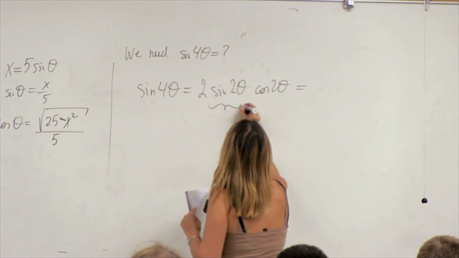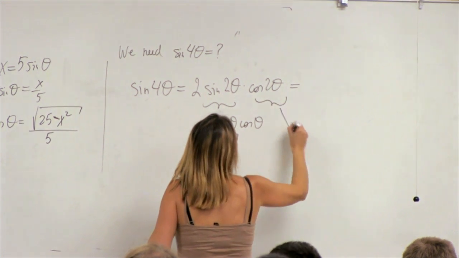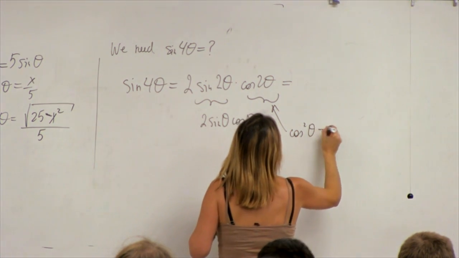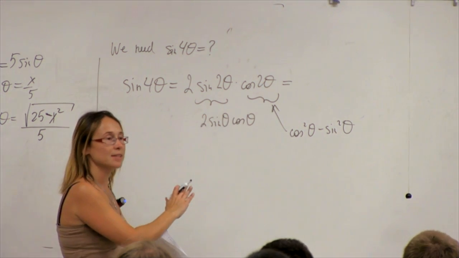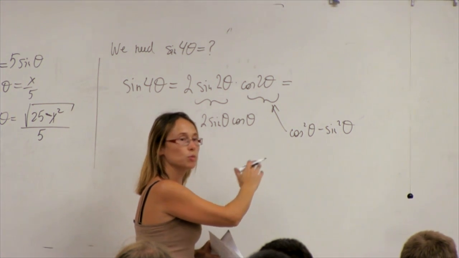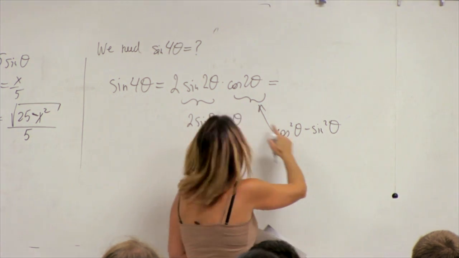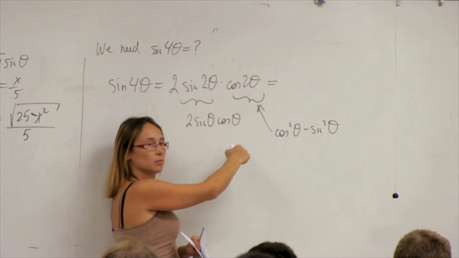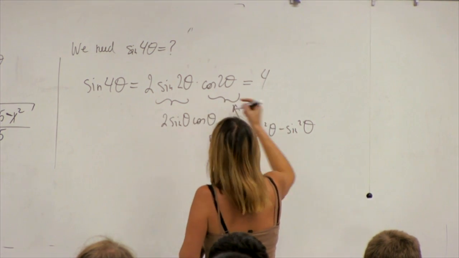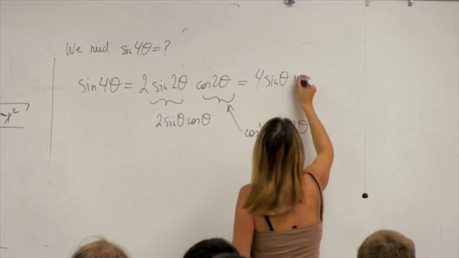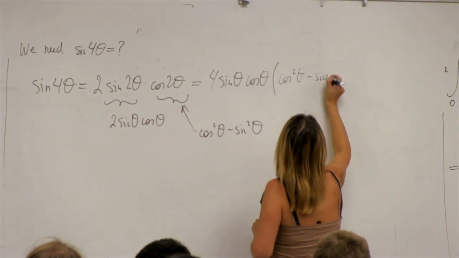And now for this one, I'm going to say 2 sine theta cos theta. And for this one, I'm going to say cos squared theta minus sine squared theta. If you don't remember them exactly, they must look familiar somewhat. You should be aware of the fact that cosine 2 theta can be expressed in terms of sine and cosine of theta, and the sine also. So this is done by these formulas. Okay. So let me put them all together. 4 sine theta cos theta times (cos squared theta minus sine squared theta).